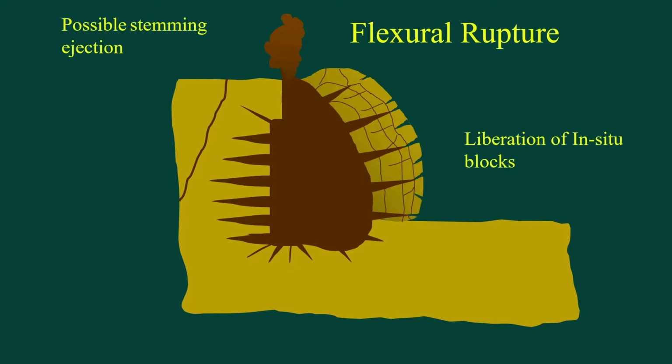Eventually, the combination of those hot expanding gases and the fracturing along fault lines and the structure we talked about before eventually bulges the free face out, and we see flexural rupture here and liberation of our in situ blocks.